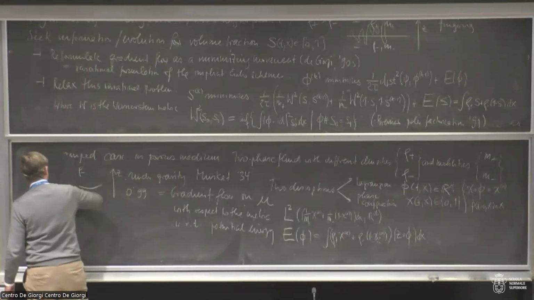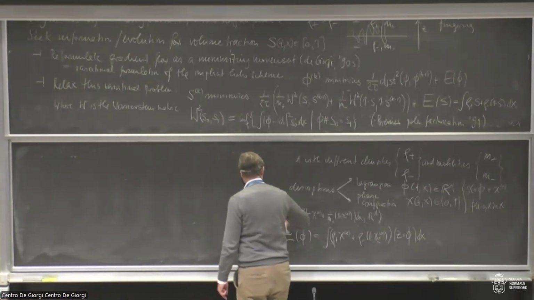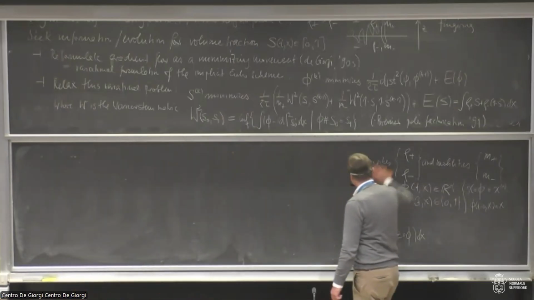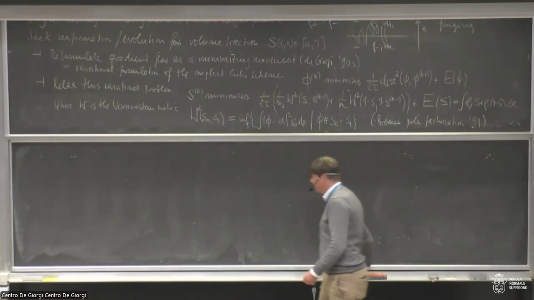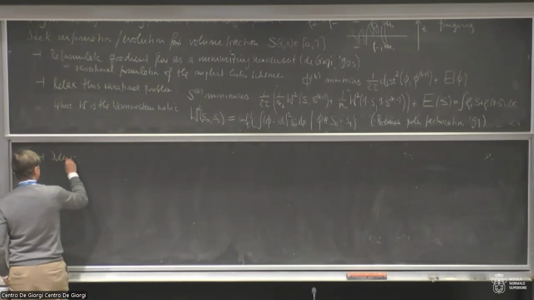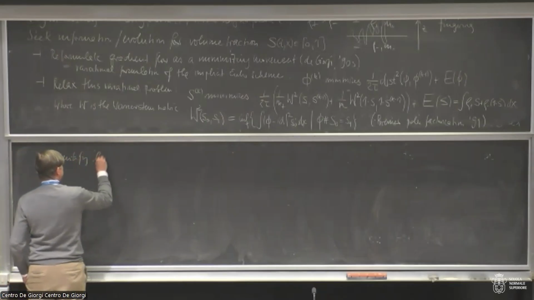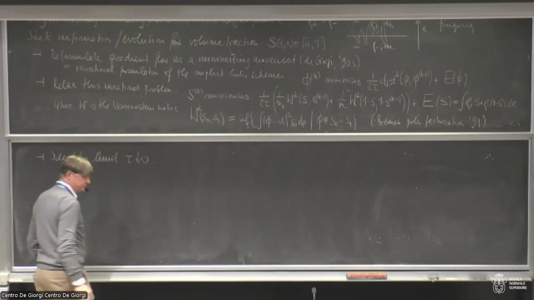So the third step is to identify the limit as tau goes to 0.